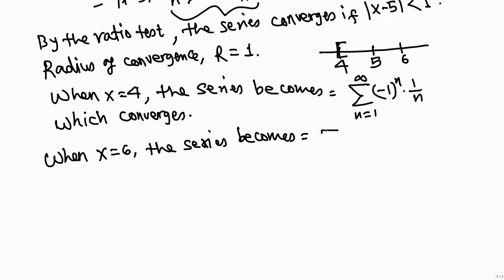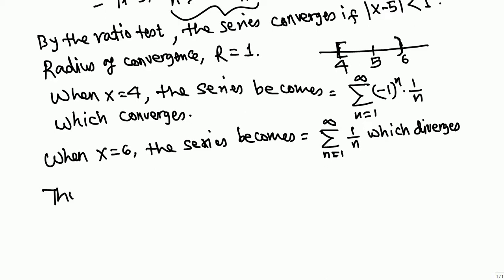So we get the sum from n equals 1 through infinity of 1 over n, which is a p series with p equals 1 and diverges, or the famous harmonic series, which diverges. This one was the alternating harmonic series, which converges, but this one diverges. That means we cannot include 6 in the interval of convergence, so a parenthesis.